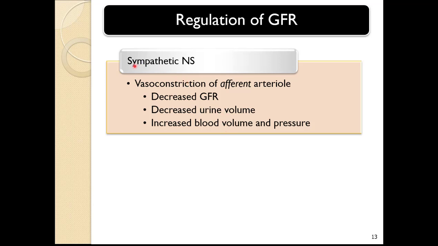Now let's talk about this. So remember, the sympathetic nervous system is fight or flight. So this kind of makes sense that if you're in a fight or flight mode, you want more blood volume and more blood pressure. And so therefore, vasoconstricting these arterioles to restrict the movement of blood into the glomerulus kind of makes sense.